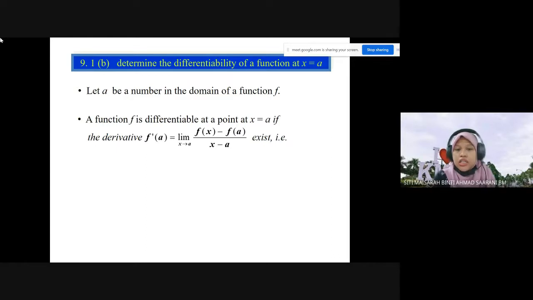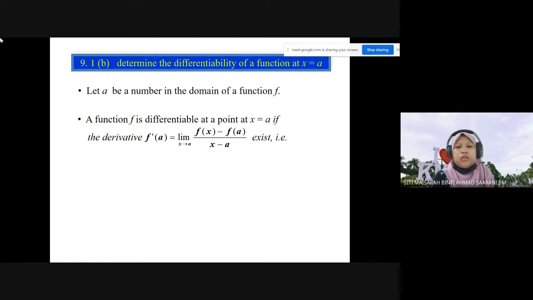For this case, dia highlight kat sini, function tu differentiable at point x equals to a if f prime a equals to limit x approach a, (f(x) minus f(a)) over (x minus a) exists.